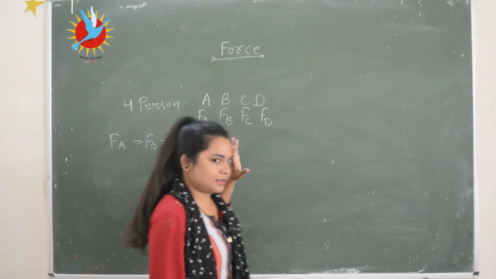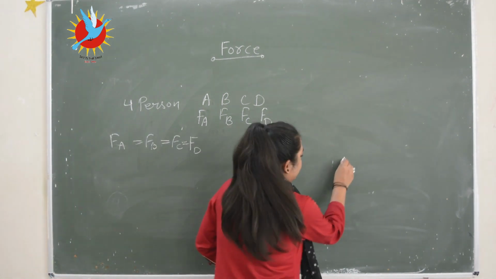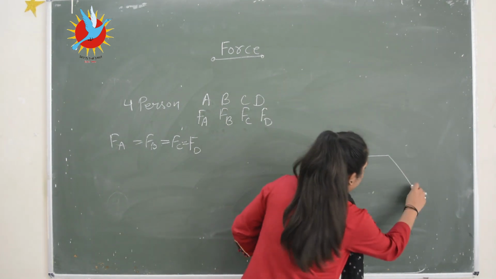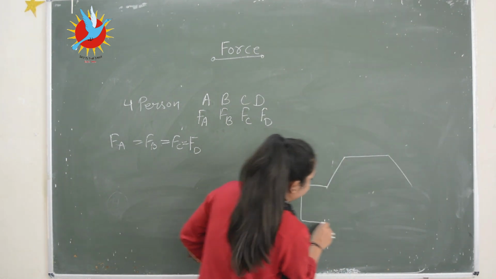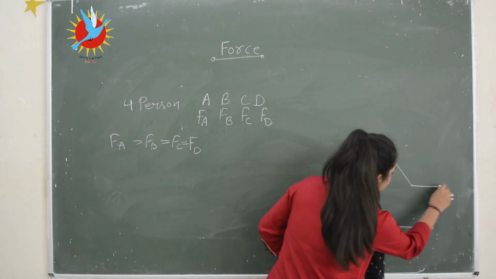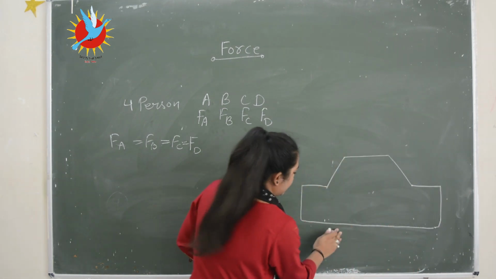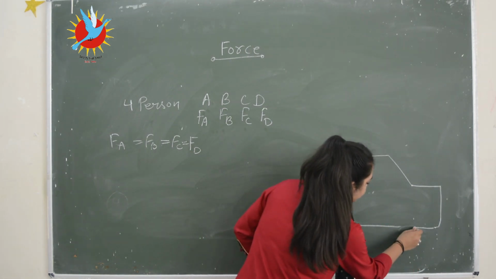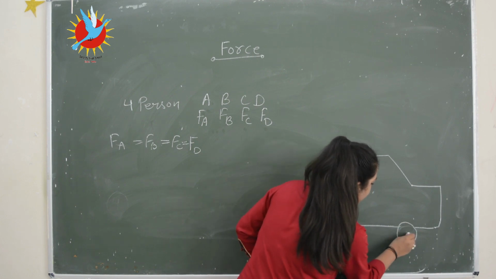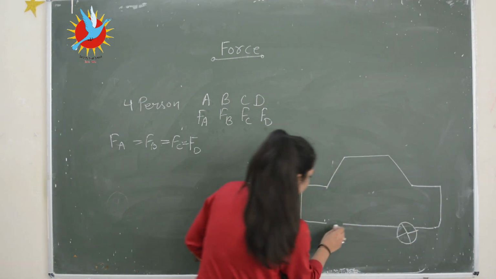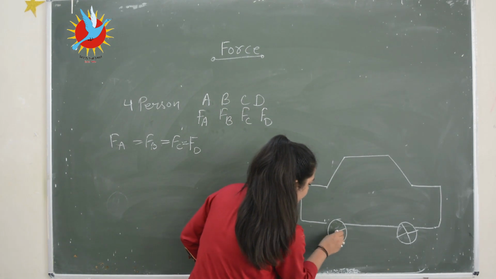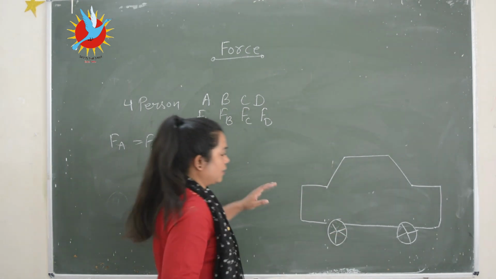Now the joke starts here. Here's a car. As I told you, I'm not so good at drawing. We have a car which is stuck in the mud. Now what are you going to do?